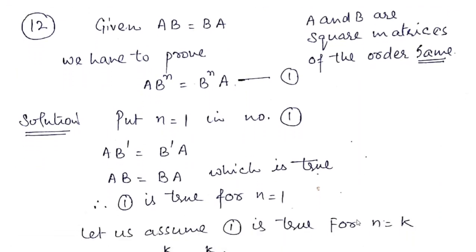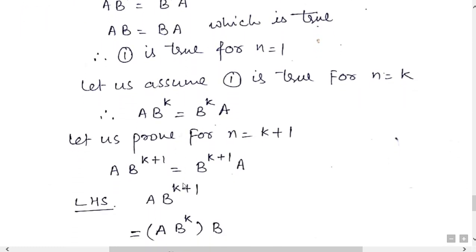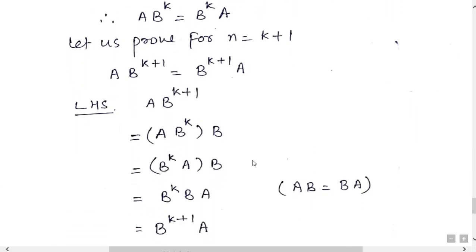Question number 12 is again related to principle of mathematical induction. In first step, insert n is equal to 1. You can obtain AB is equal to BA, which is true. Then insert n is equal to k, then k plus 1. AB raised to power k, it can be written as B raised to power k into A because of the second statement.